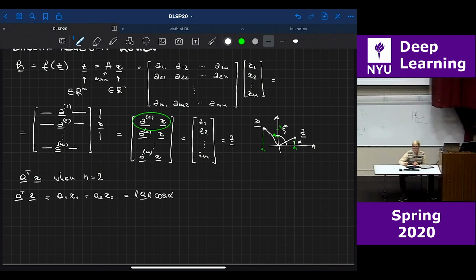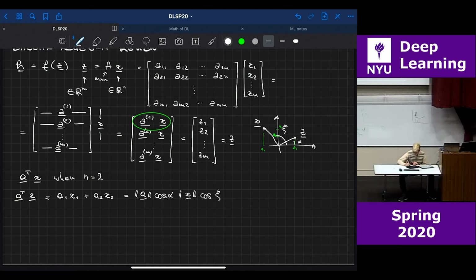Then what about x1? It's the same thing, right? What is x1? Different letters. So it's the magnitude of x times cosine xi.